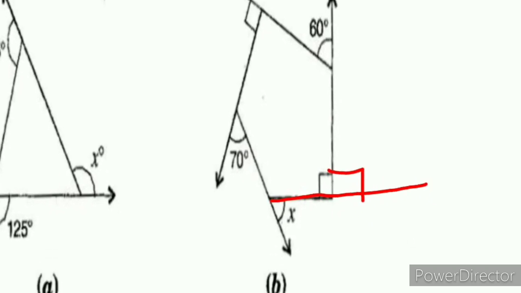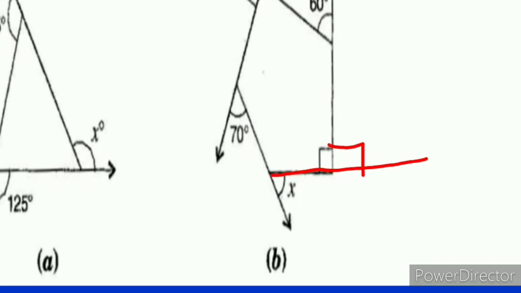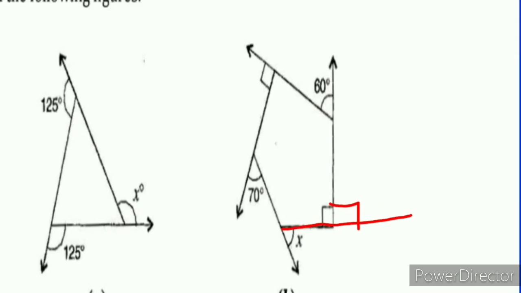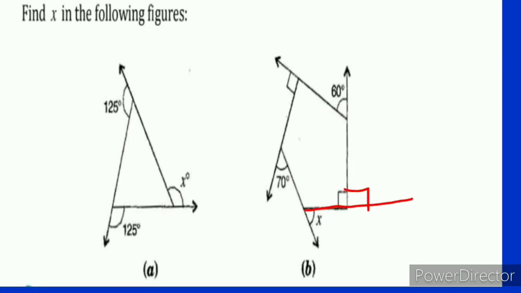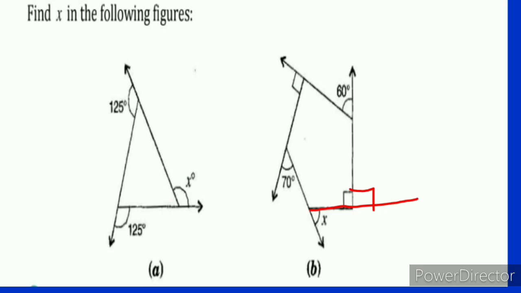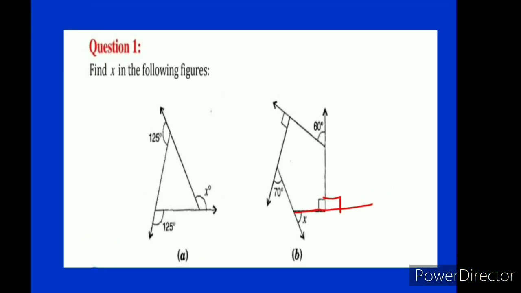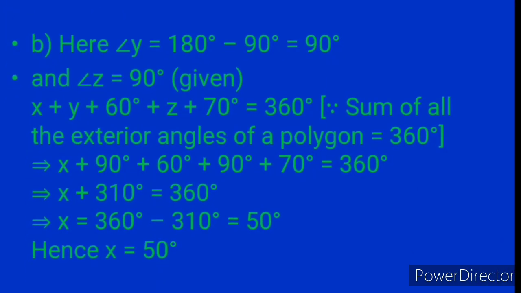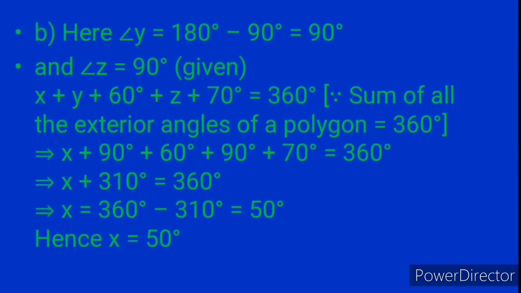All these 5 angles we add and equate to 360 degrees. Let's see the solution now. Second figure solution: first step, the interior angle is 90 degrees, subtracted from 180 is equal to 90 degrees. The remaining angles given are exterior, that is outside.